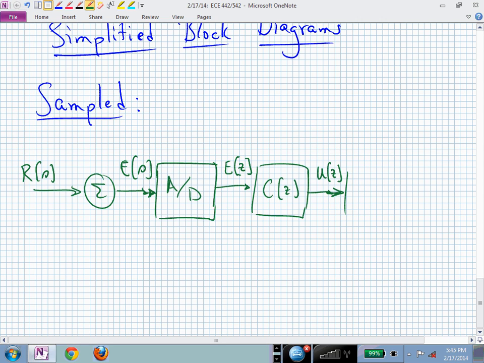So we need to now convert that sequence of numbers, the digital sequence, into an analog stream.